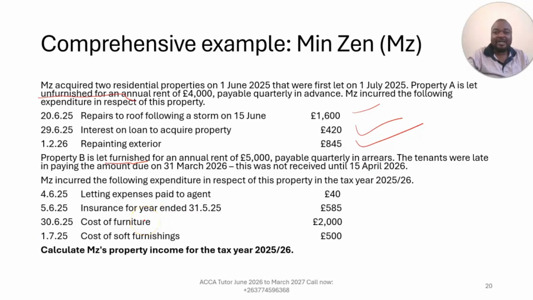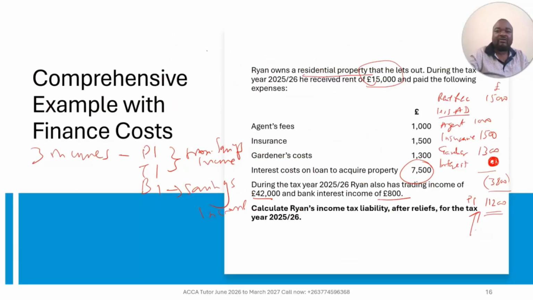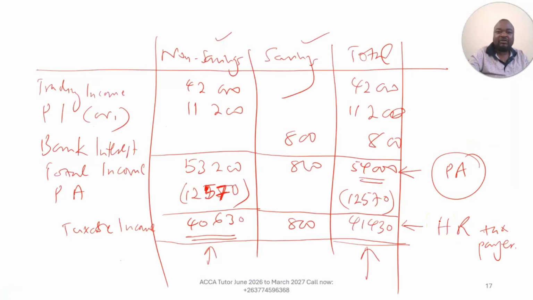Okay, guys, in the examination, there won't be much time. This type of question can be given in section A, multiple choice. So you need to pay very careful attention to detail. You are required only to compute the property income. If you still remember, the property income is that working only, not the production of this other table.